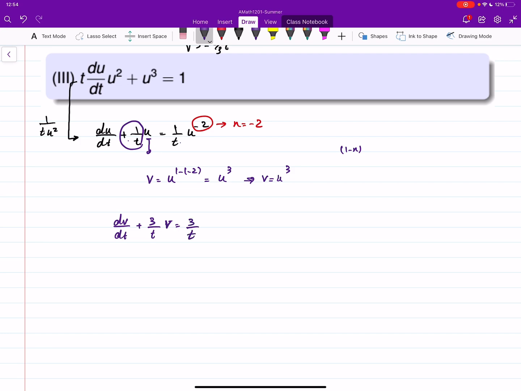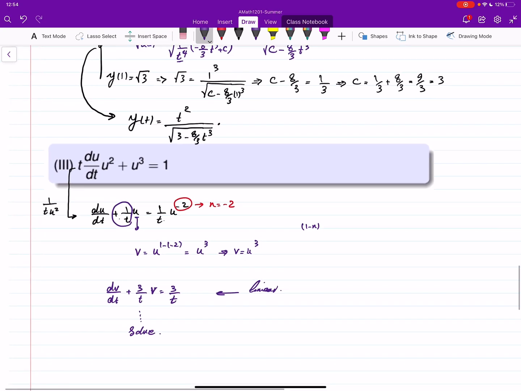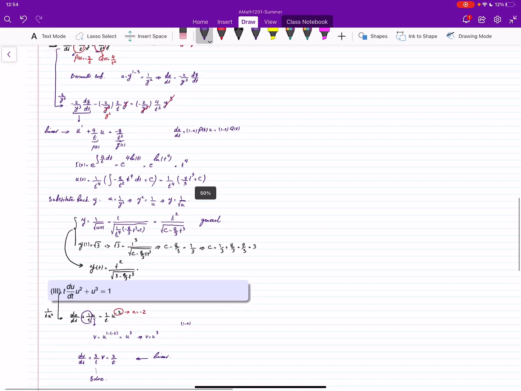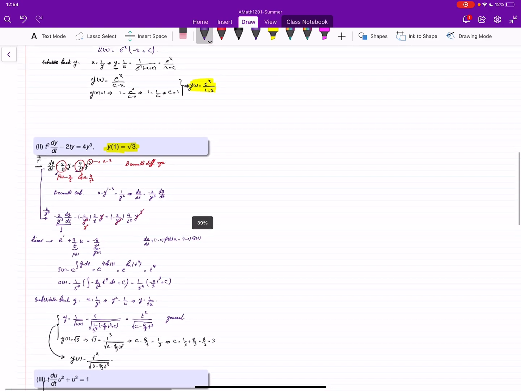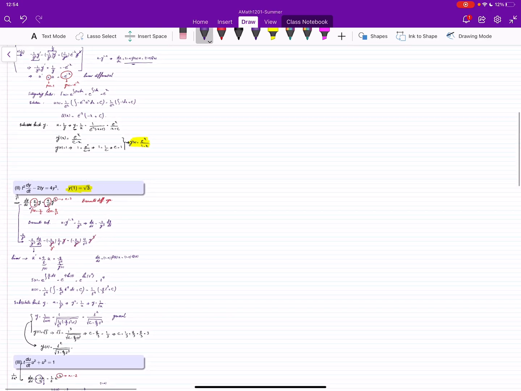And there won't be any v on the right side. So this is the linear differential equation, and I'll leave it for you to solve this one and turn it back to the original variable u. Okay, so the rest I'm leaving for you, but I'm hoping that with the examples done before, you now know how to deal with Bernoulli differential equations.